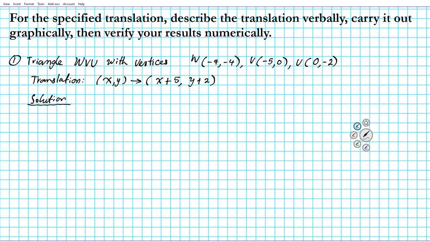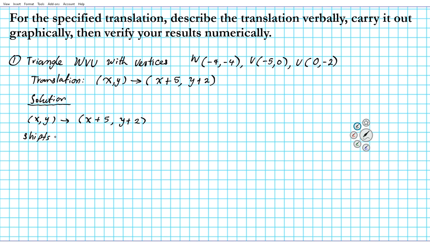So let's start by describing the shifts. The transformation that we have is (x, y) getting mapped to (x plus 5, y plus 2). So our shifts, the verbal representation of what we're about to do, are as follows.